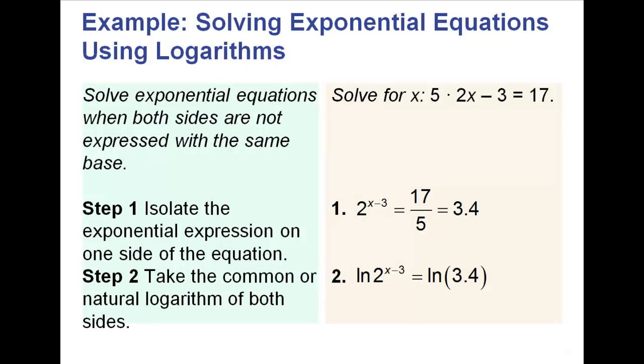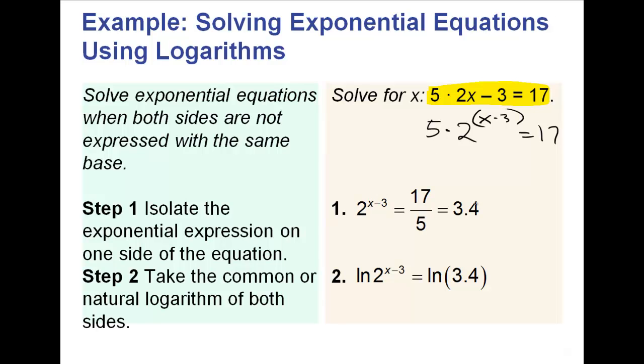Now this up here is a bad typo, right? It's actually supposed to be 5 times 2 to the x minus 3 equals 17. And then you can see the first step is to isolate that exponential piece, so divide both sides by 5.